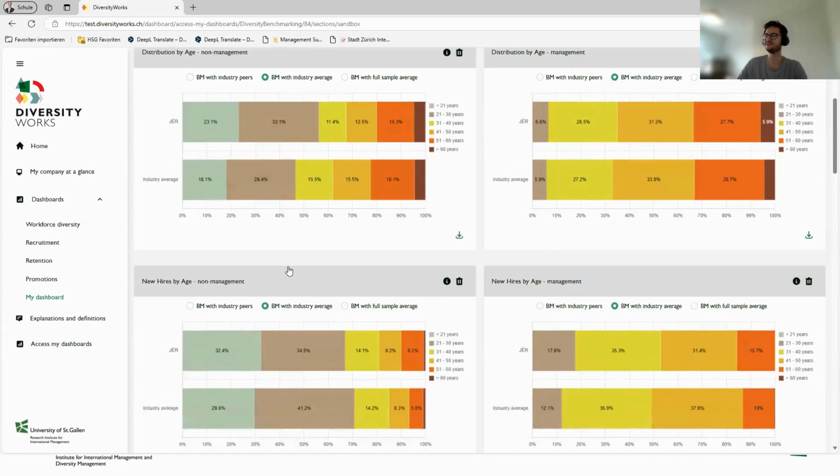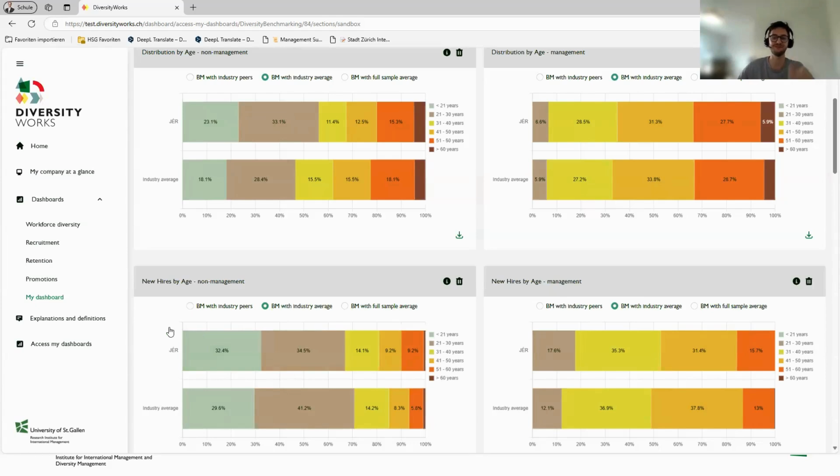Now we scroll down a little bit and we can compare these four key figures, and we have a look at the new hires by age groups. So we compare the new hires with our current situation, which are the age distributions above that we have in our workforce. In non-management, we can see that two thirds of those we hired in those positions are younger than 31.